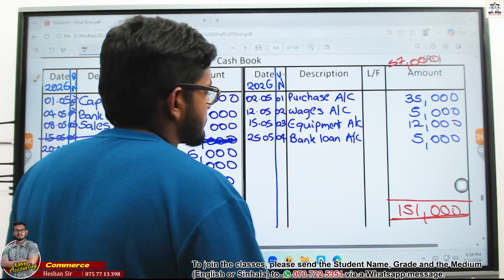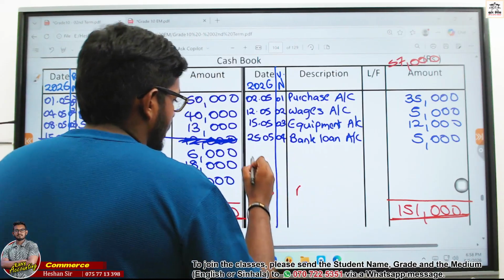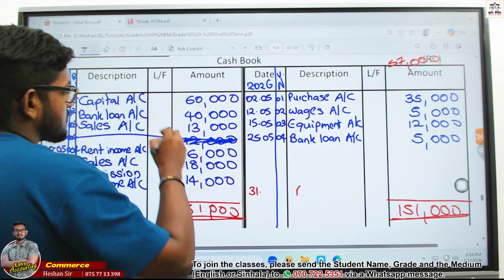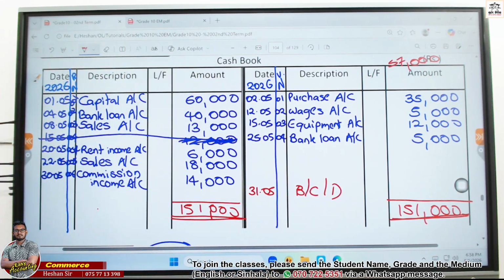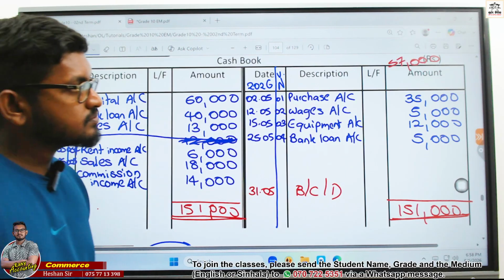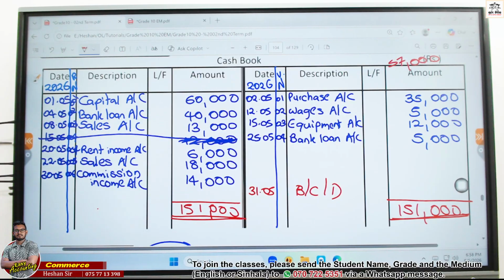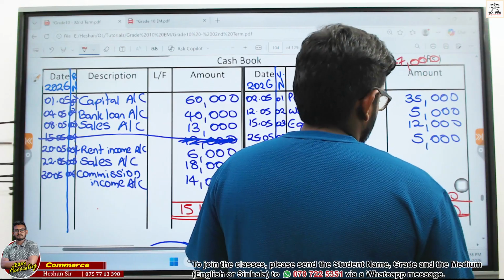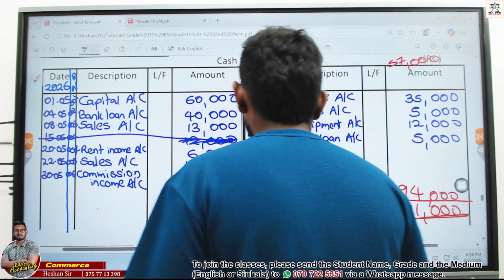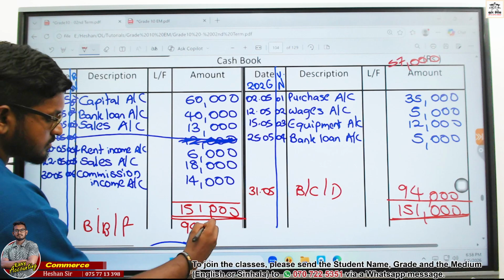151 minus 57,000. Can you tell me, on 31st of May, how much is the BCD, the balance carried down? 151 minus 57,000 is 94,000. 1st of June, BBF 94,000.